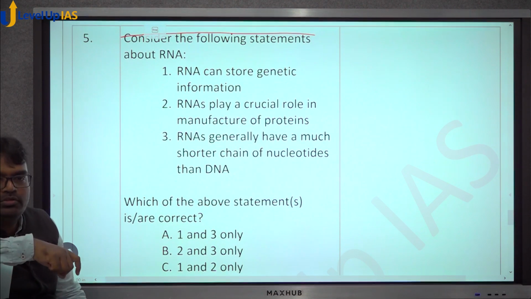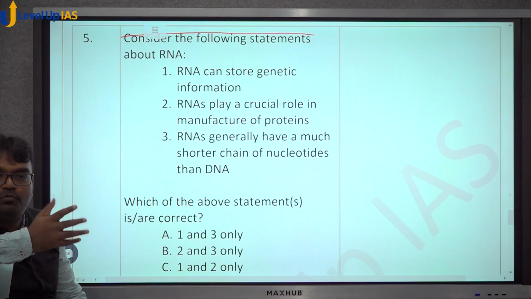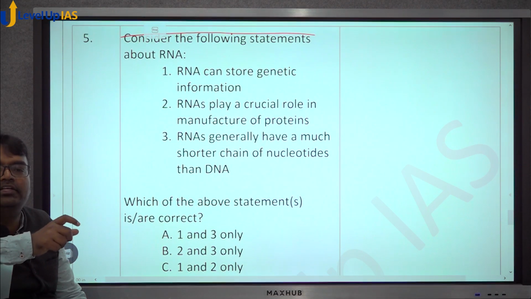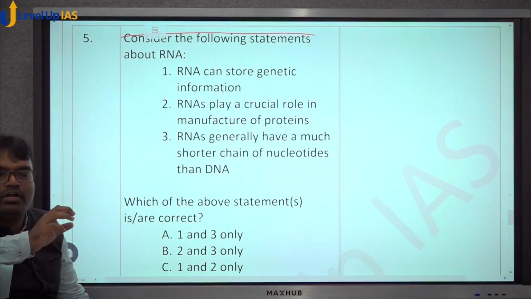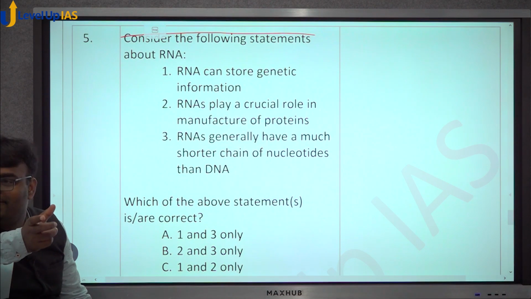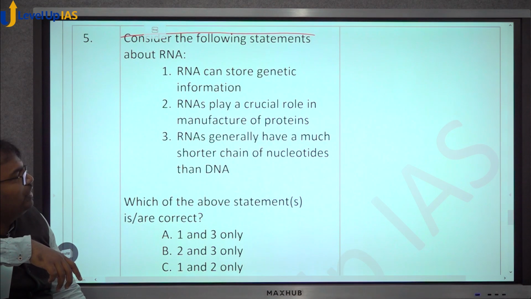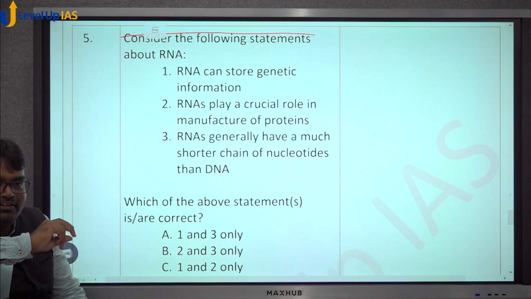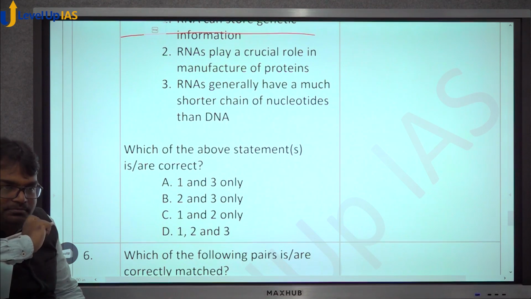Yes, this is also true. DNA has to store a lot of proteins. RNA is generally storing information of viruses. Viruses are small, basic. They do not form that many proteins. So messenger RNAs carry information of only one protein, one gene, right? So generally RNA has a much shorter chain of nucleotides than DNA. This is also true. So what should be the answer? D, 1, 2, 3.